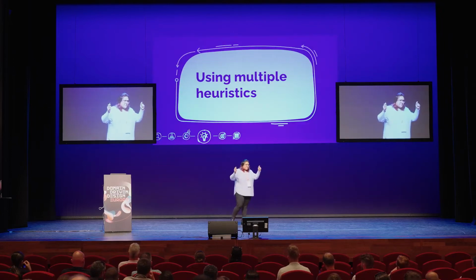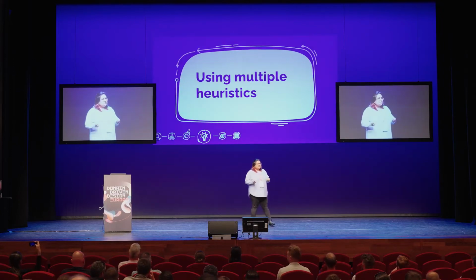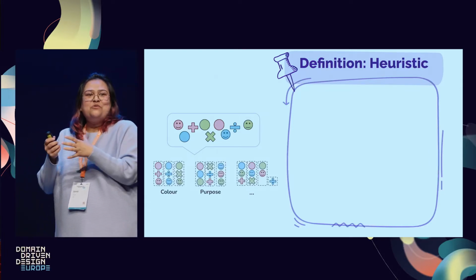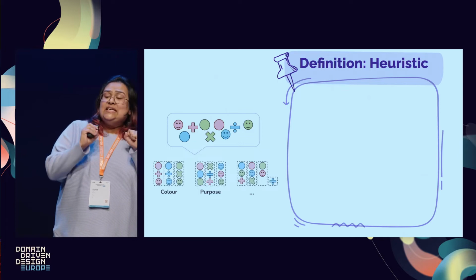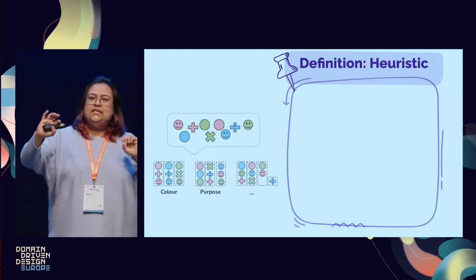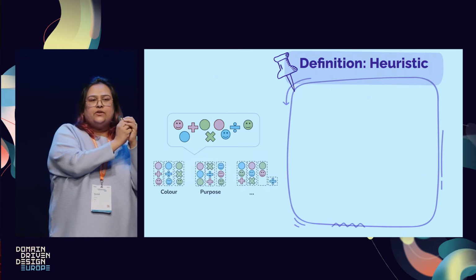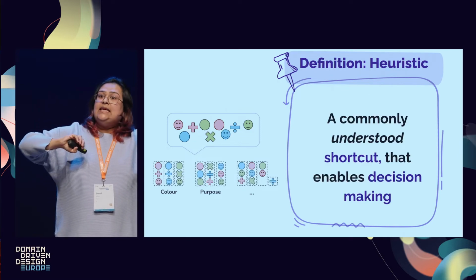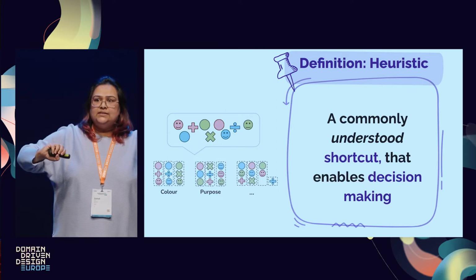So the next point gets us to heuristics. And again, before I go into the heuristics we used, if you're not familiar with what a heuristic is, you might have seen one of these diagrams like the one on the left. It has a collection of ungrouped objects, and there are different ways of grouping it.